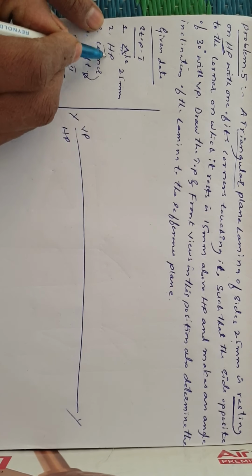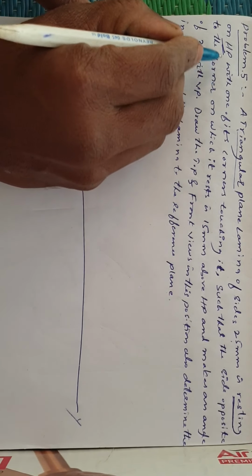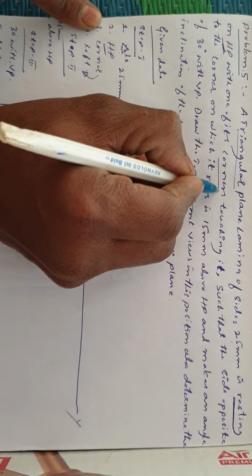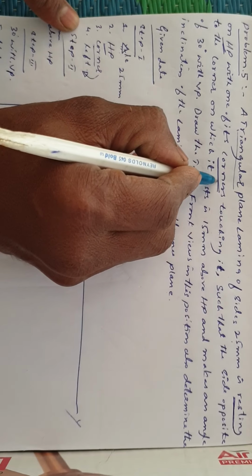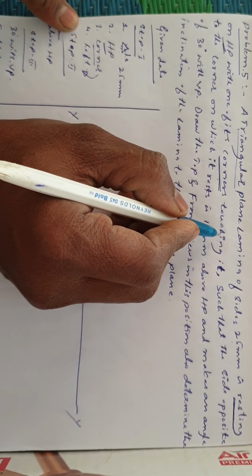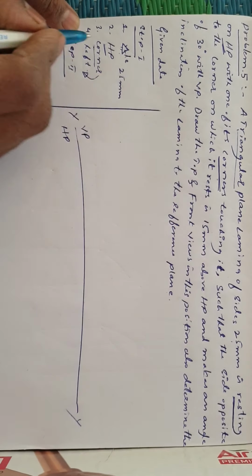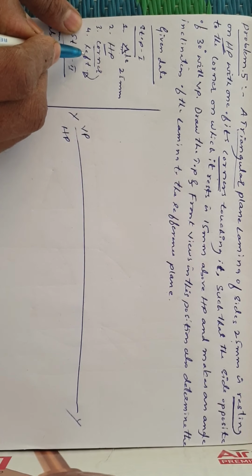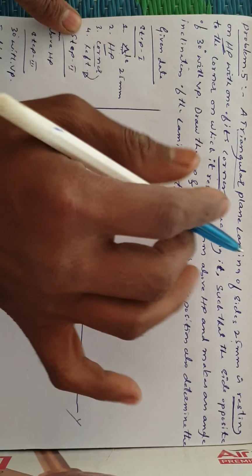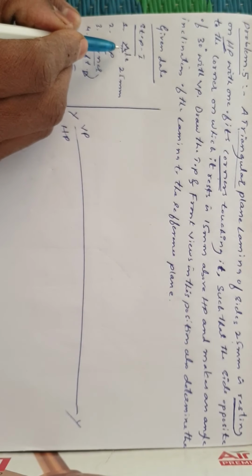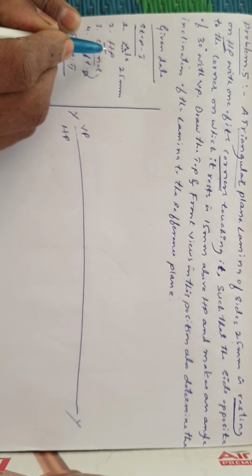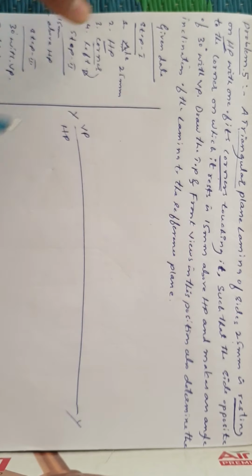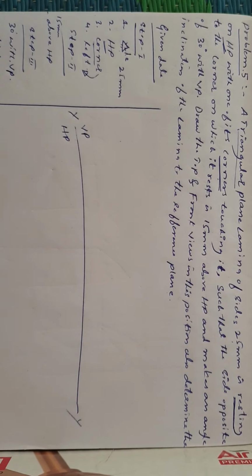The given lamina is resting on HP with one of its corners; the resting condition is that the given lamina is resting by corner, touching HP. So we got 3 data, and by default the 4th data is the left side. So we came to know from the given problem that the lamina is triangular, the side distance is 25 mm, and the lamina is resting on HP by corner. So you know how to begin the first step.